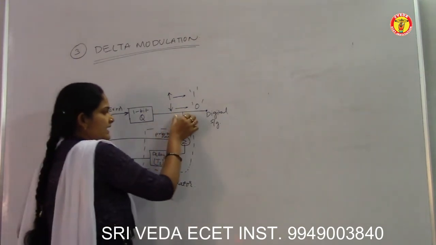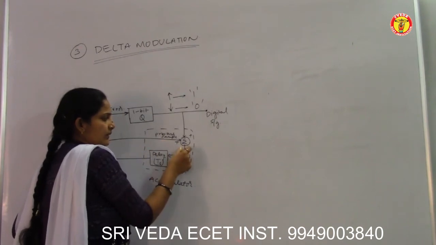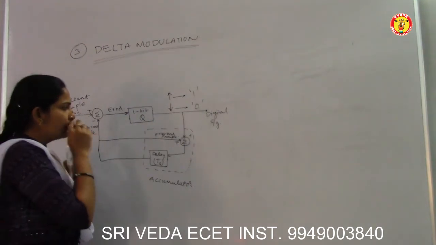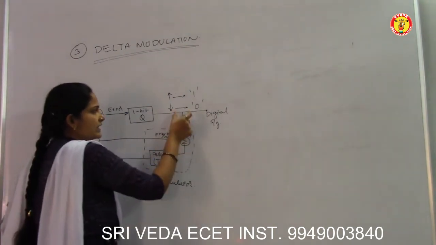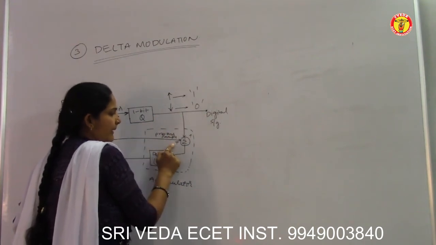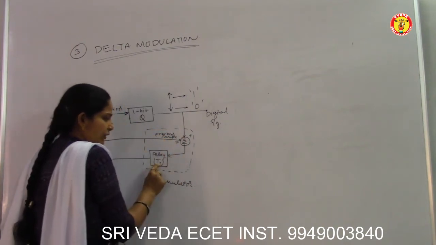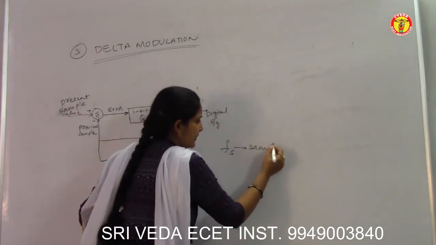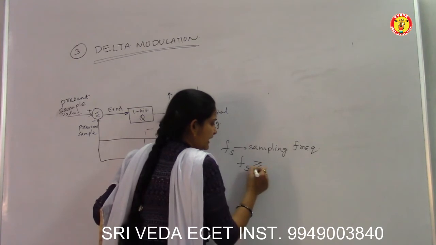This output is given to the summer, and the previous sample value is also fed to it. So the output depends on this quantizer output and also the previous sample output, and based on that the staircase is generated and this value is delayed by a period of Ts. What is this Ts? Fs is my sampling frequency. We have seen that Fs must be greater than or equal to 2Fm.